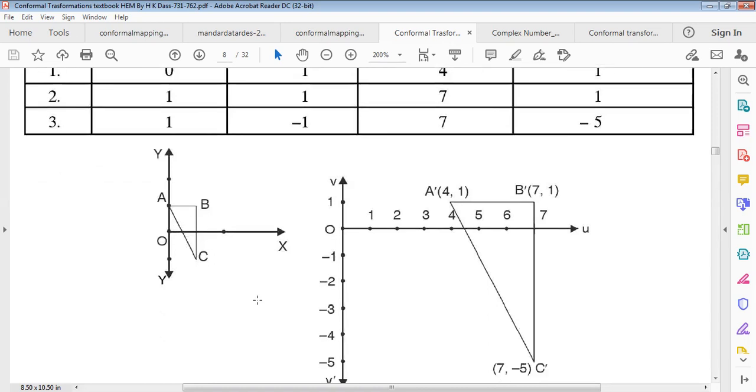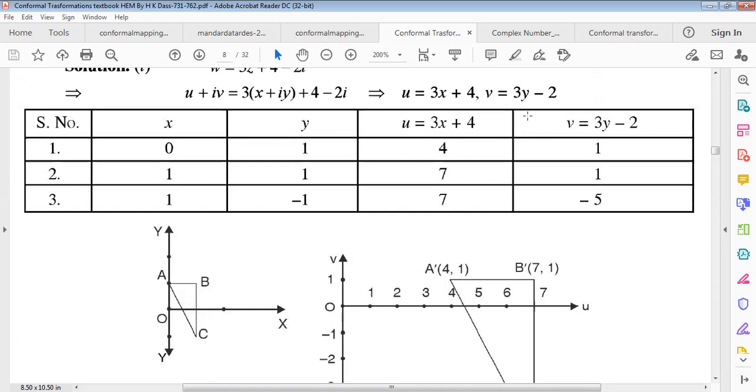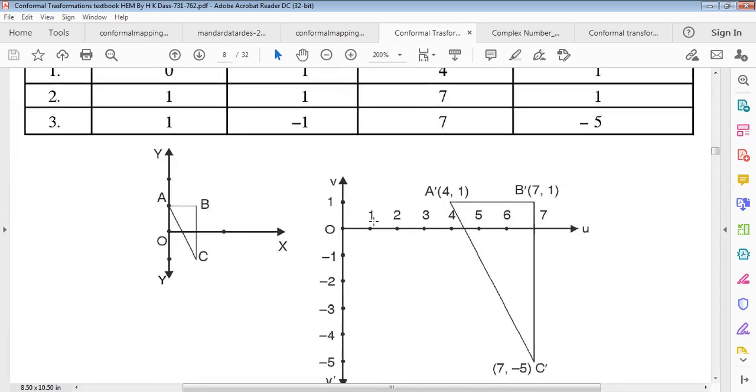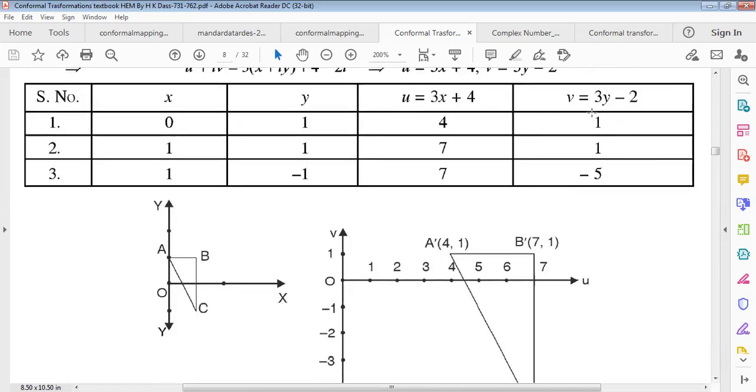Now we can plot these u, v in the W plane. u is the horizontal or real axis of the W plane, and v is the imaginary axis. When u equals 4, v equals 1, so this is the point 4, 1, A dash.